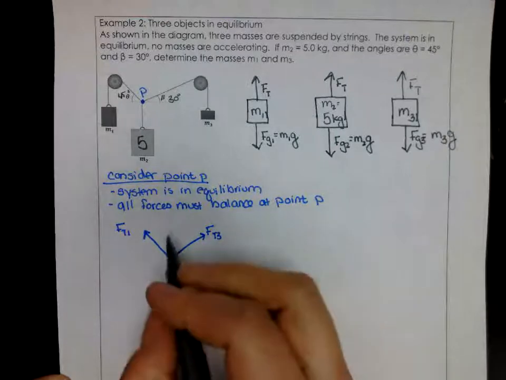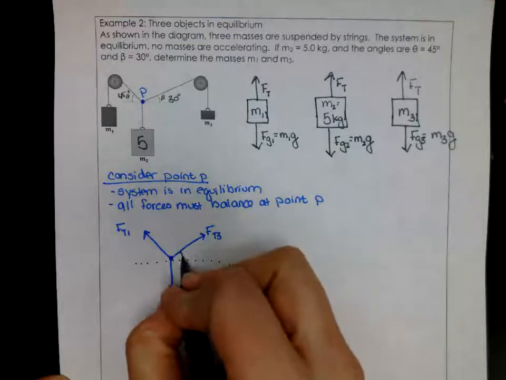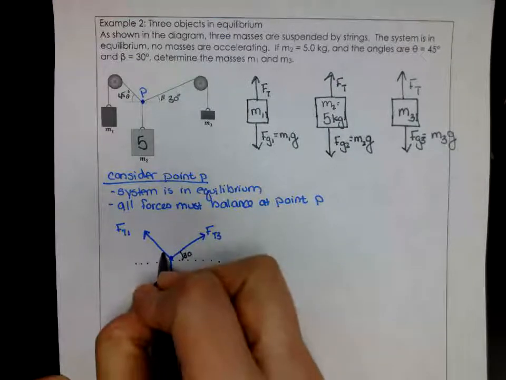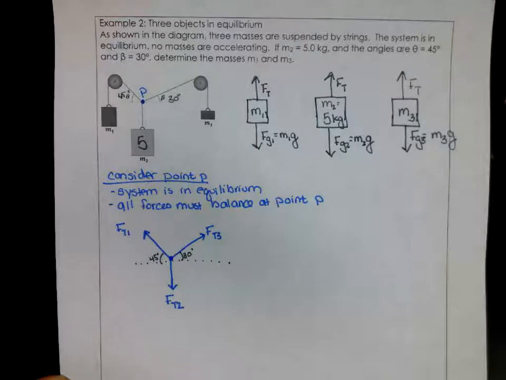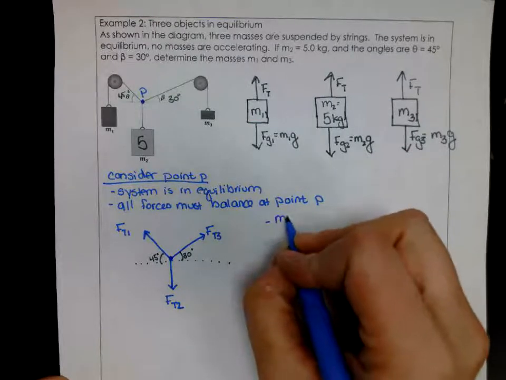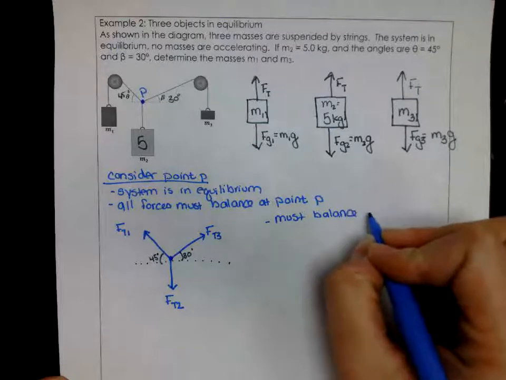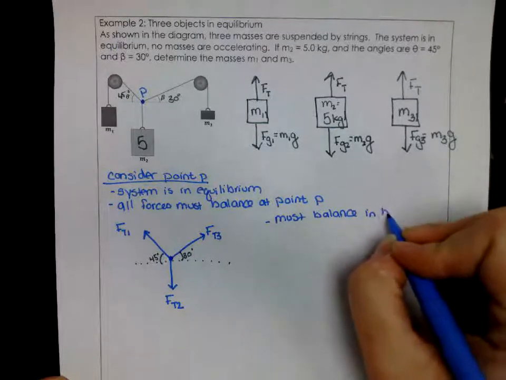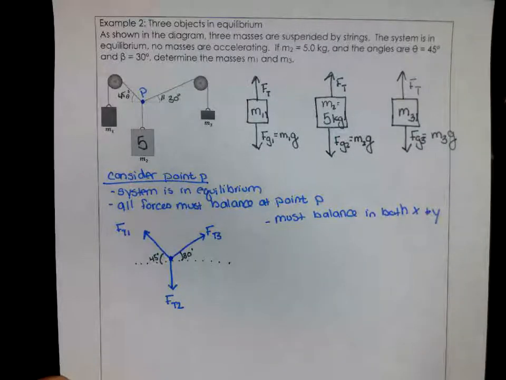And we know from the problem, or from what they told us, this angle is 30, and this angle is 45 degrees. All right, when we do this, we need to make sure it balances in both the x direction and the y direction.